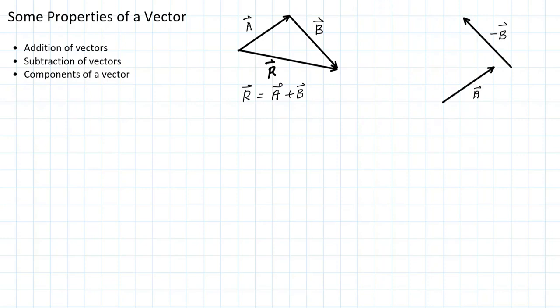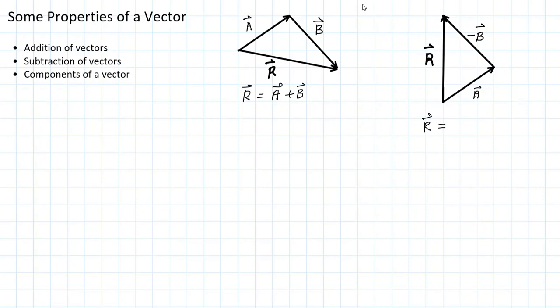Now, if you want to subtract vector B from vector A, first you have to change the direction of vector B, and then place the base of vector B at the tip of vector A. And again, the resultant vector is drawn from the base of vector A to the tip of vector B. So R is now the resultant vector.